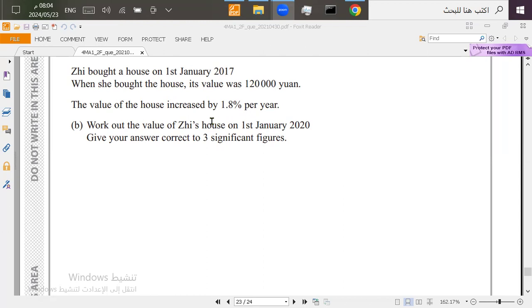So every year the value will change. Now, this doesn't mean it's increased by the first value only. Every year, when you change a value by 1.8, it's going to increase by the change of the next year. It means it's the same as compound interest rule. Now, let me show you how to do this.